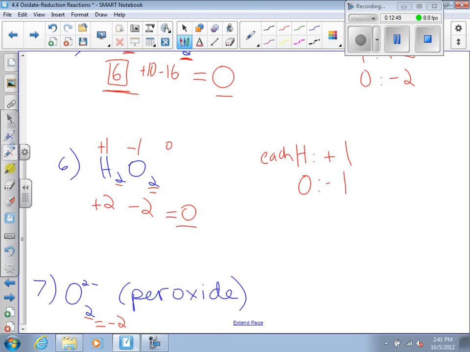The total is -2. So I'm just going to write, I only have 1 element. Total is -2. I have 2 atoms, and they have to equal -2. So each atom is, hopefully you got it, -1. So here, the oxygen is -1 in the polyatomic ion called peroxide.